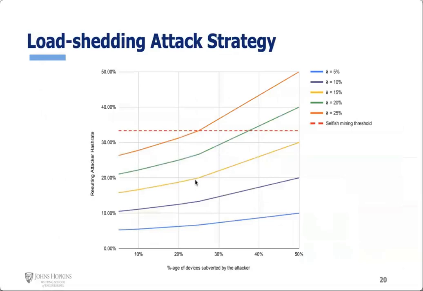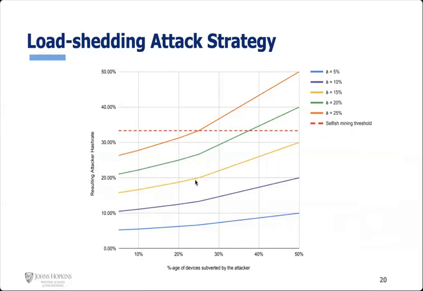Now let's look at how good these load shedding attacks are, right? Selfish mining has a 33% hash rate threshold. Selfish mining allows a miner to just hide their found solution, and they continue mining and extending the chain on their own without revealing it to the other parties. And if they have a high enough hash rate, they can mine consecutive blocks together and reap the rewards, right?